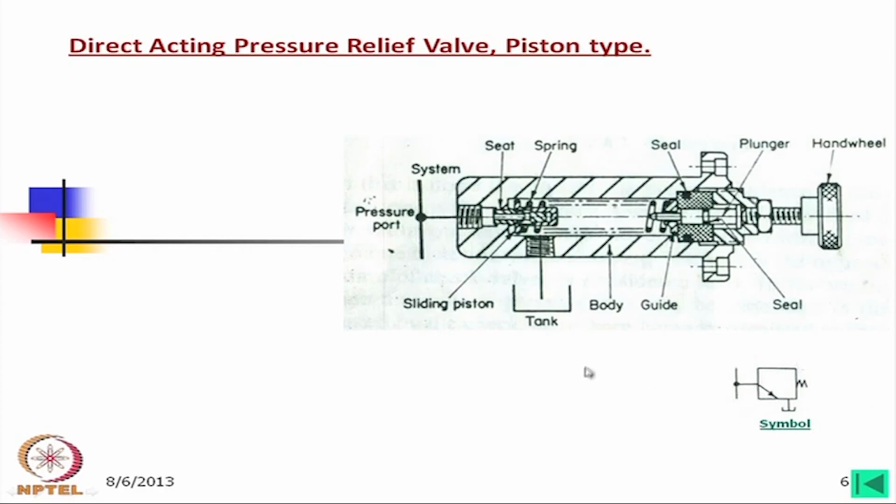From the symbol you cannot understand whether it is a piston type or poppet type. But we can use the alternative symbols we have learned. This arrow means we can regulate it. Here it is not given, but that does not mean we cannot regulate it; we can regulate this also. So, this arrow is given to indicate that we can adjust the spring, although here it is not given, we should still say that this can be adjusted.